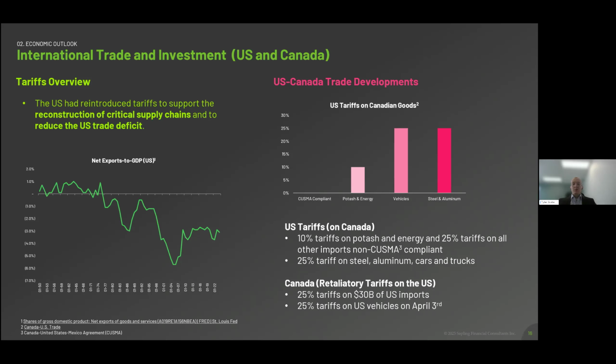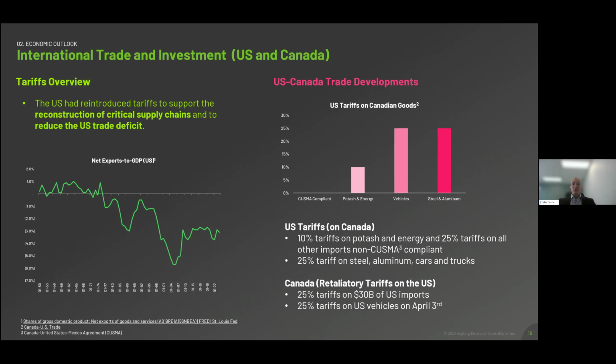In terms of recent developments following April 2nd, with a specific focus on the US and Canada, 10% tariffs have been implemented on potash and energy, and 25% tariffs on all other imports that are non-CUSMA or Canada-US-Mexico Trade Agreement compliant, meaning that CUSMA-compliant goods still do not face tariffs.